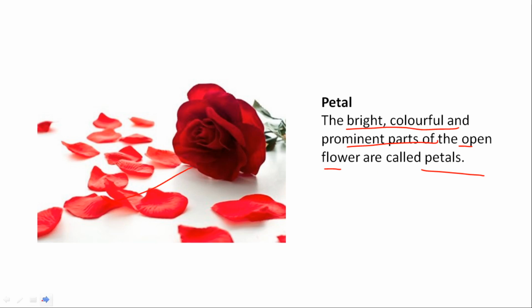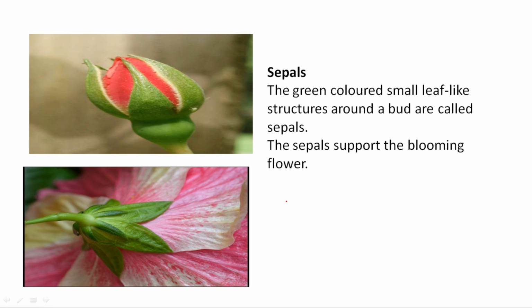Okay, next, sepal. I have told you about sepal. Look, this is a bud, and around the bud these green parts are there. This one is also a green part. But when this flower blooms, these will be on the downside.